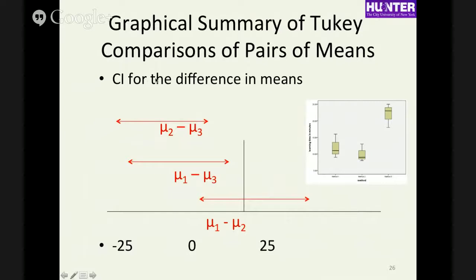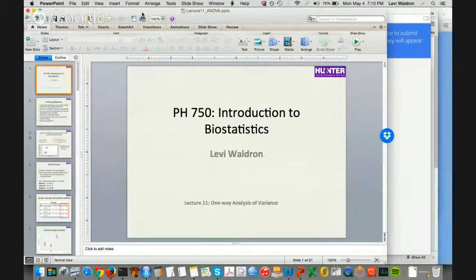It's also nice to get, and I think there's a way to do this in SPSS, to actually plot the confidence intervals from the Tukey method.